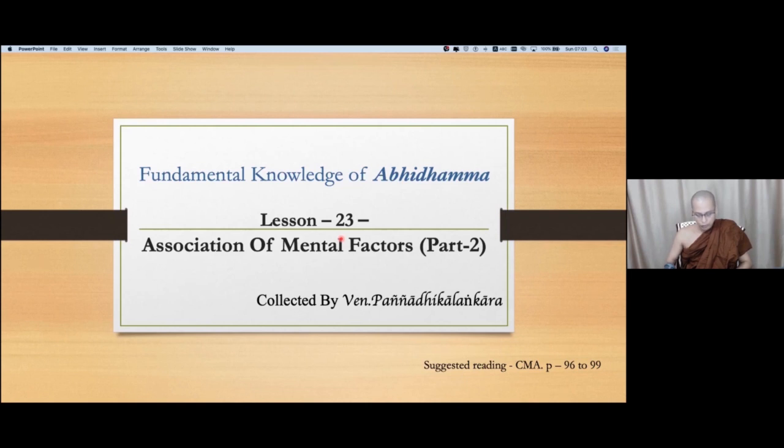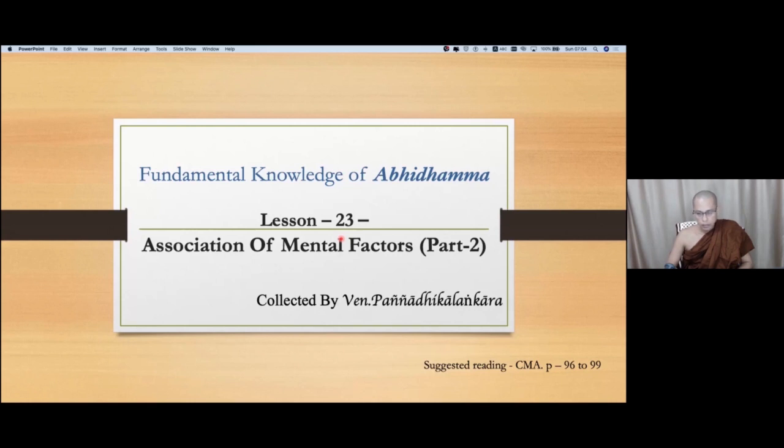For this classification, we follow the order of the mental factors. Thus, in part 1, we have finished the Anyasamana Chittasika, the ethically variable mental factors, and how many consciousness can associate with the respective mental factors.